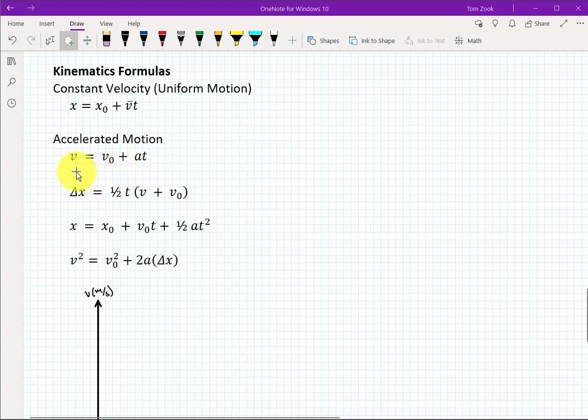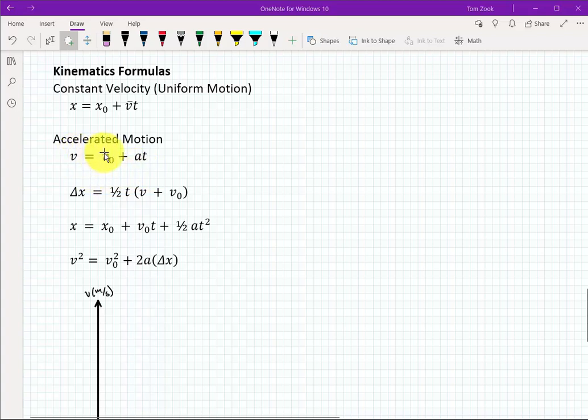That'll give us the new velocity of an object at some particular moment in time: the original velocity, v sub 0, plus the acceleration rate multiplied by time, where the acceleration rate is the slope of a velocity graph.